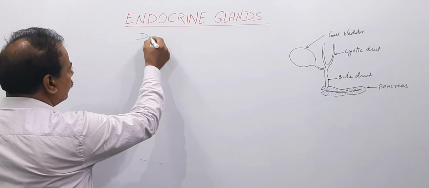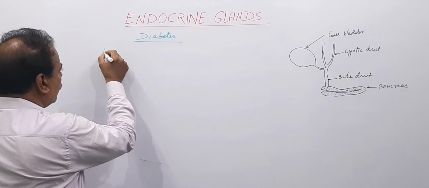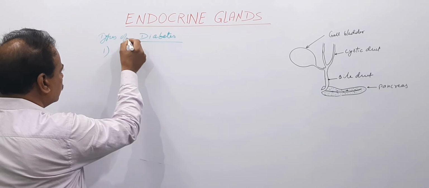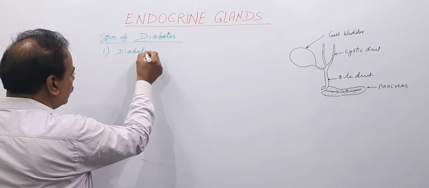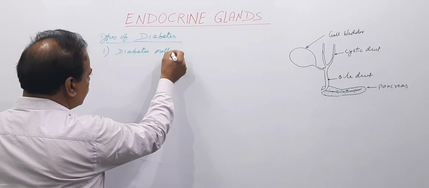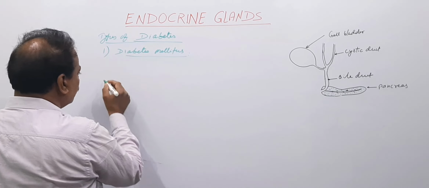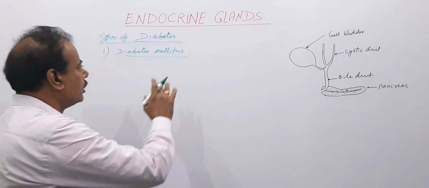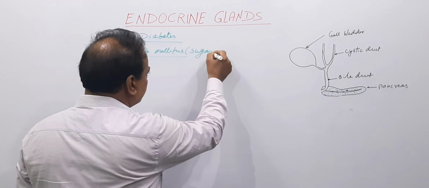Diabetes. Types of diabetes: number 1, diabetes mellitus, and number 2, diabetes insipidus. As you know, diabetes mellitus is known as sugar diabetes.